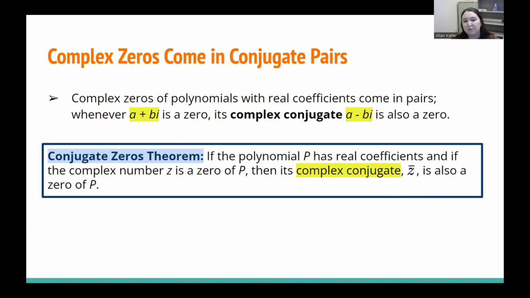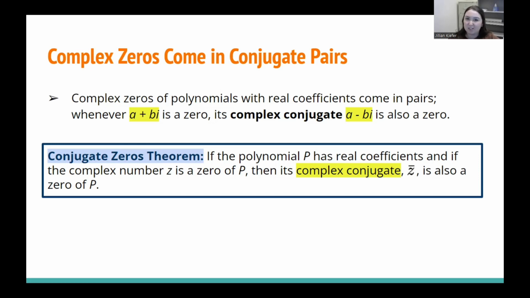So complex zeros of polynomials with real coefficients will always come in pairs. So you're looking at a plus bi. So if a plus bi is a 0, with a and b being some real numbers, then its complex conjugate, a minus bi, is also a 0.